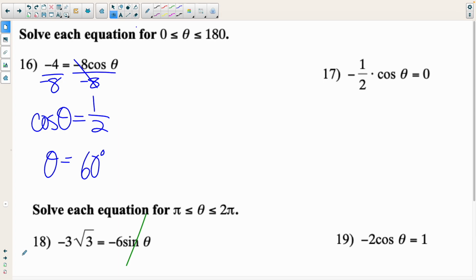And 60 is going to be the only angle measure that works here. Because the other one is down on the bottom at 300 degrees, and that does not fit our constraint.